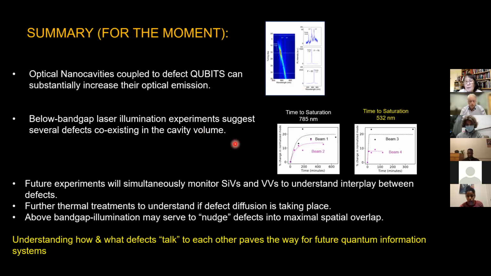The very exciting potential is that once we have the defects within the cavities, we can use those cavities to understand what's going on locally with those defects, what's going on in the neighborhood, the interplay between the defects. What are they talking about and what are they saying? Understanding how and what defects talk to each other is a way that we can better control the environment and pave the way for more complex, scalable quantum systems. So thank you.